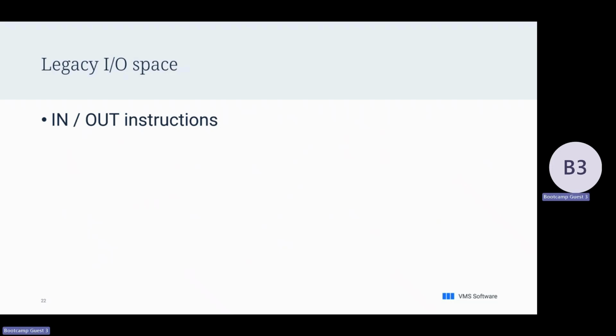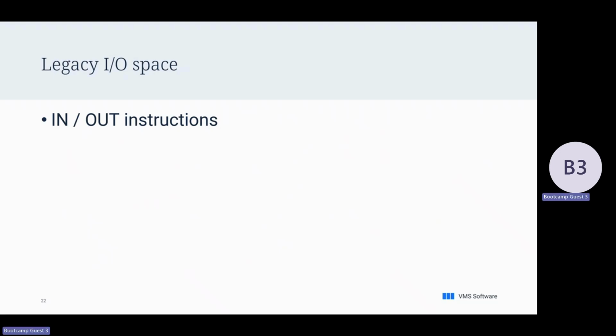So you have devices that are often directly part of the CPU or the chipset that act like old-fashioned ISA devices. And some of them may use this legacy IO space that you can only access using the in and out instructions, input byte or output byte, input word, output word.